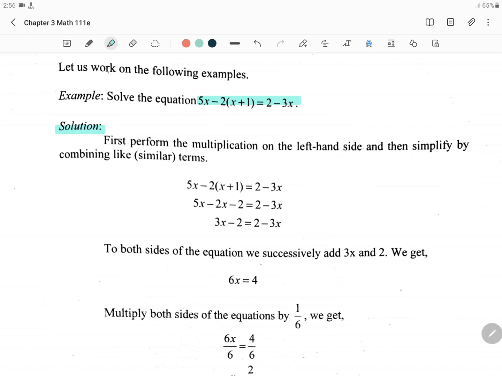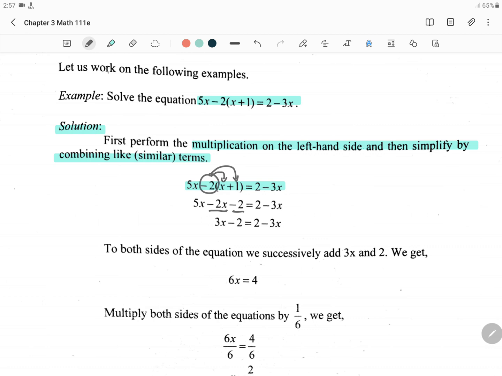So, sinasabi dito sa solution guide natin that we multiply the left side and then simplify by combining like or similar terms. Now, dito sa form natin, kailangan muna natin i-multiply yung sa left hand side natin, which is yung negative 2 natin papunta sa parenthesis natin. Okay? So, simply multiply that one. So, we get negative 2x and negative 2 ngayon.